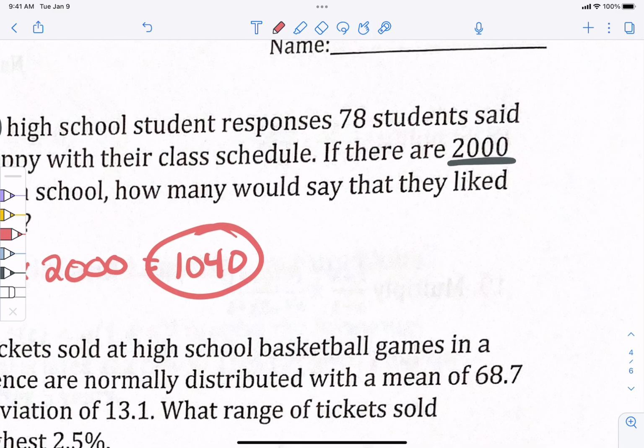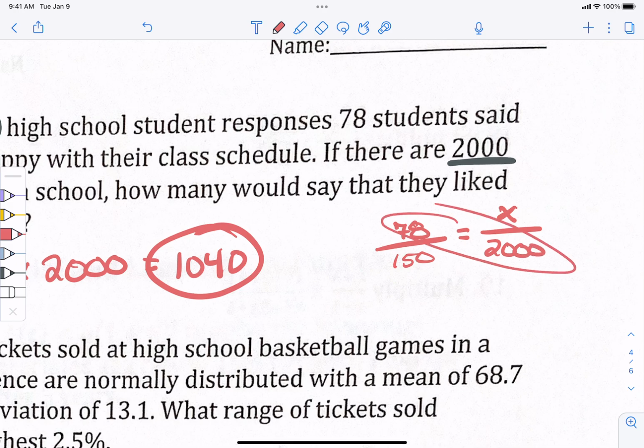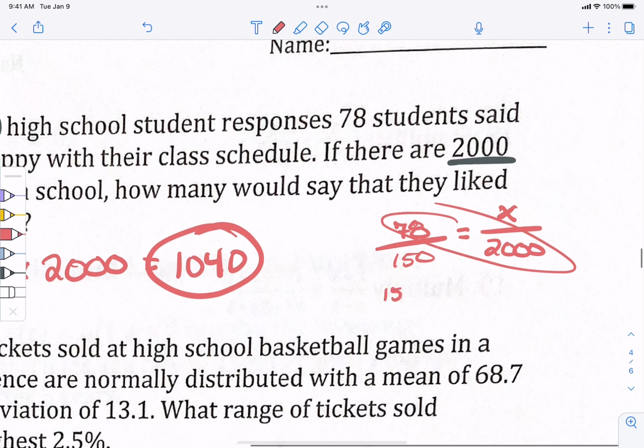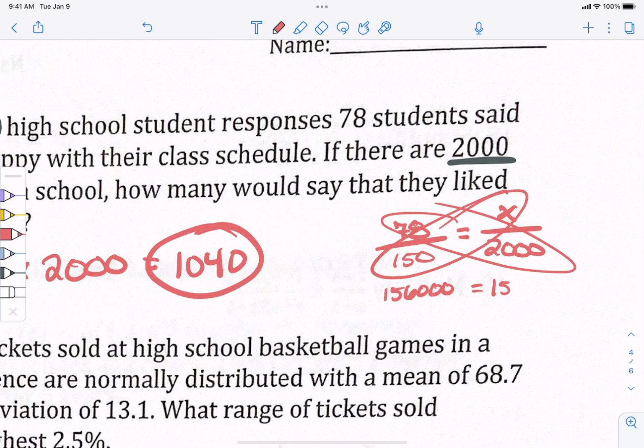Okay, here's what Amit says. He says, okay, 78 out of 150 is equal to how many would that be if I do all 2,000, right? And cross multiply and divide. So you're taking 78 times 2,000, and that's 156 with 3 zeros, equals, cross multiply, 150x.